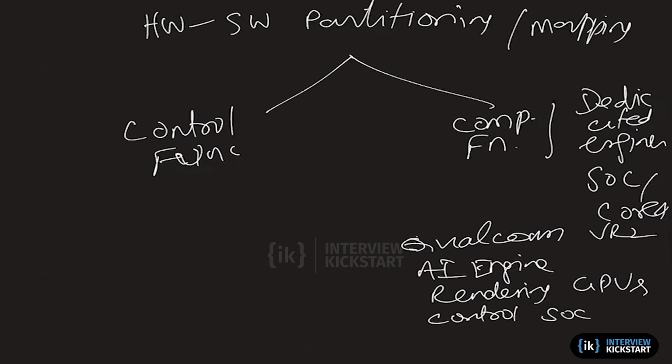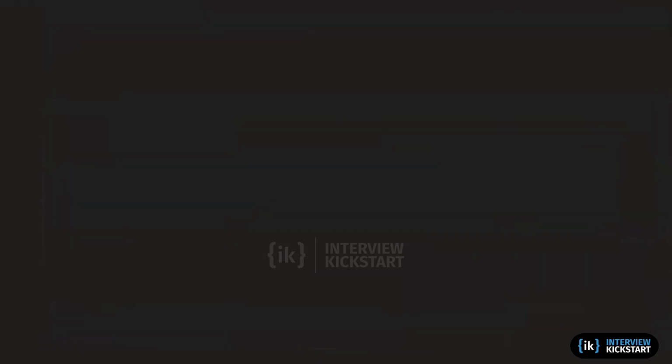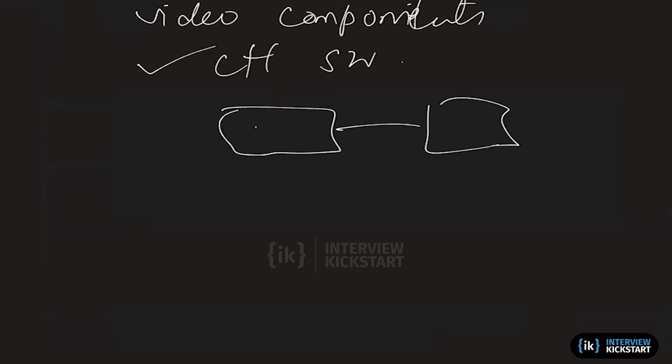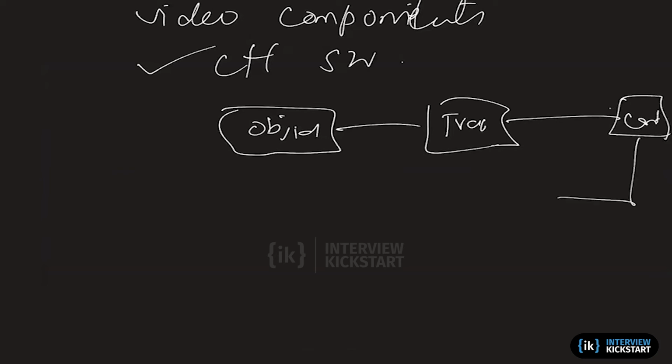So as an embedded software developer, you have to understand what you are asked to develop. Are you supposed to develop the video processing libraries, video components or graphical components, or the control software? Most likely it will be this, right? So if you have this signal pipeline, there is object ID, tracking, context, synthesis, rendering.